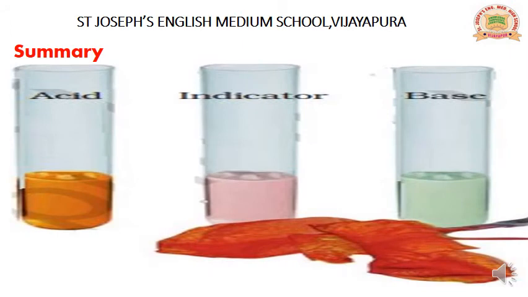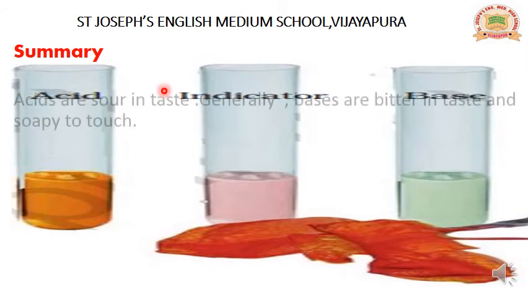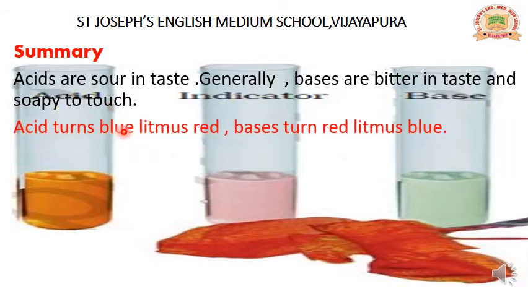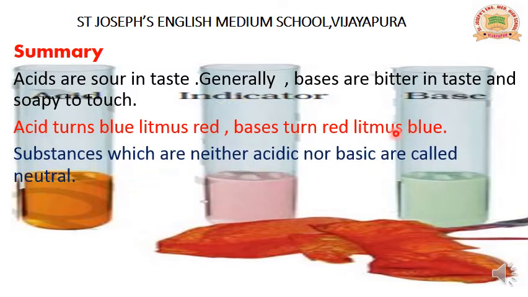Let us summarize the topic by seeing a few highlights. The summary of the topic is like this. Acids are generally sour in taste, bases are bitter in taste and soapy to touch. Acid turns blue litmus red, base turns red litmus blue.